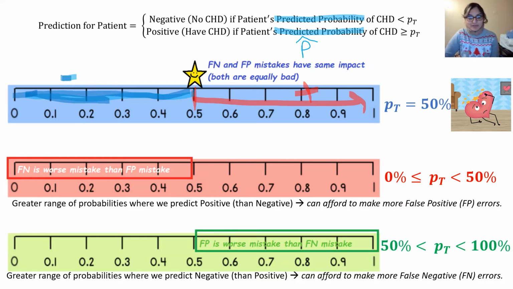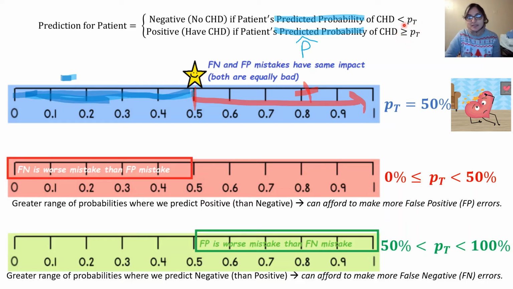But as we vary them, what happens is, when the threshold probability is less than 50%, and of course it is a probability, it can only be between 0 and 1, if it's less than 50%, then this is not going up to 50%, it's less than that. So there's a greater range of probabilities where we would instead predict positive, because we have lowered what this is.